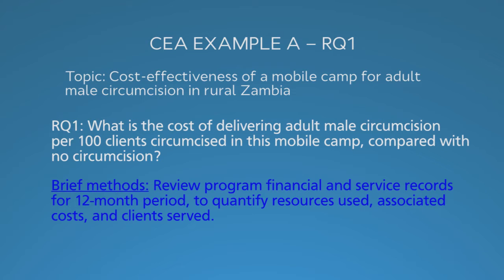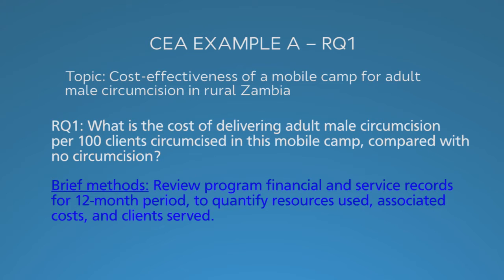We quantify the resources used and the associated costs as well as clients served. Let me explain the phrase resources used and associated costs. It's really important in doing cost studies that we not just take the number that shows up at the bottom of the budget or expenditures page and say, well, we spent $1 million.